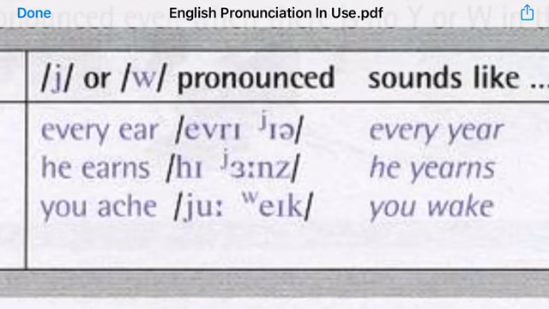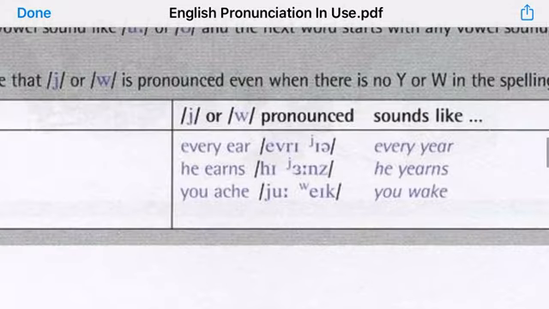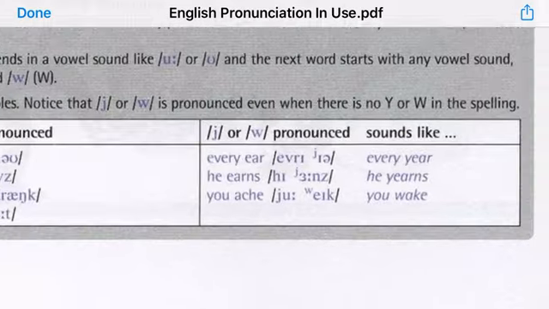"He yearns," as if it was spelled "he yearns." "You wake," there's W in between, as if it were spelled "you wake," even though it's "you ache," but in fast speech it sounds like "you wake." These are examples of intrusive Y and intrusive W.